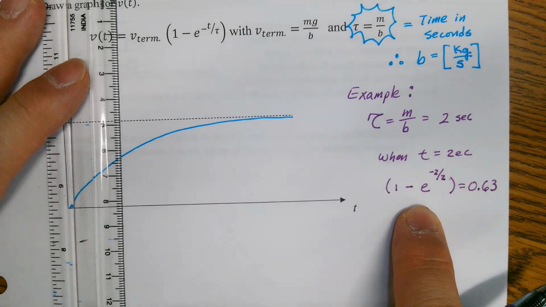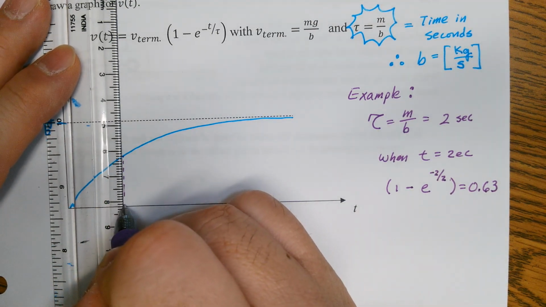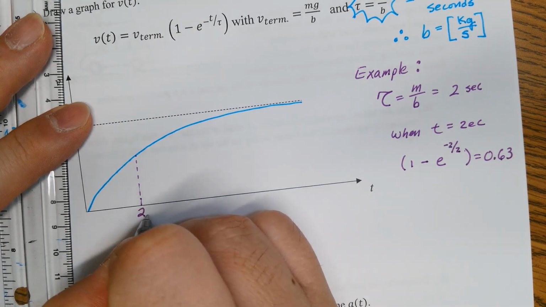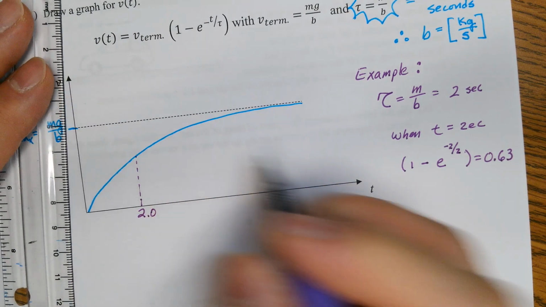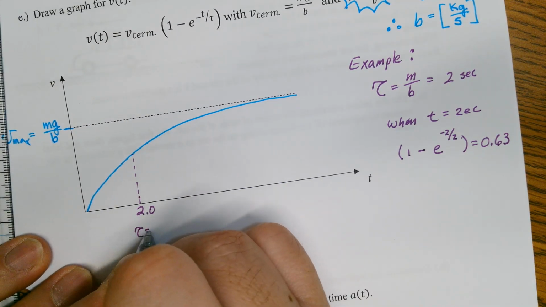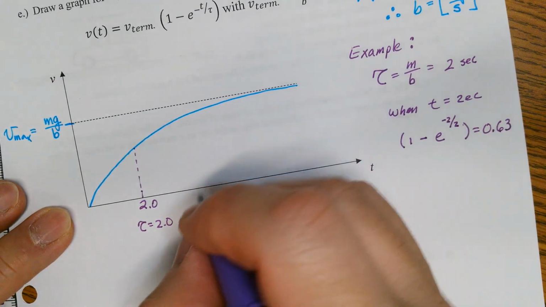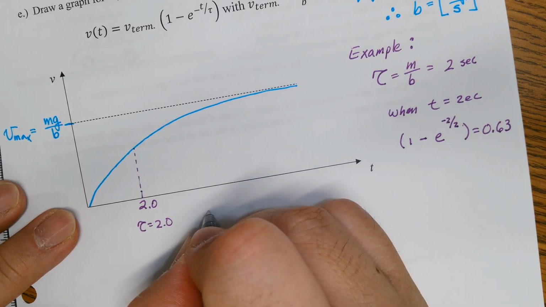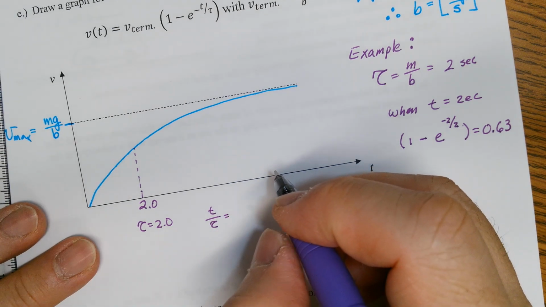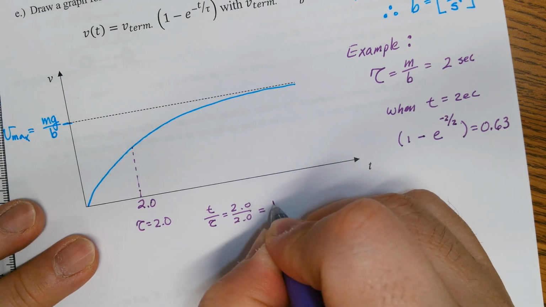That means when t is equal to 2 seconds, tau is also equal to 2 seconds, so t over tau is basically 2.0 over 2.0, which is 1.